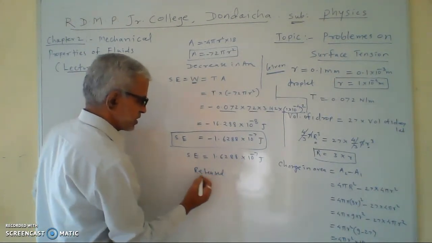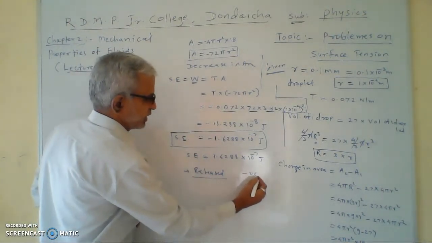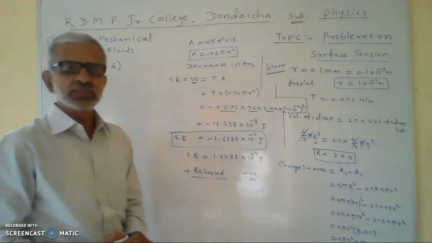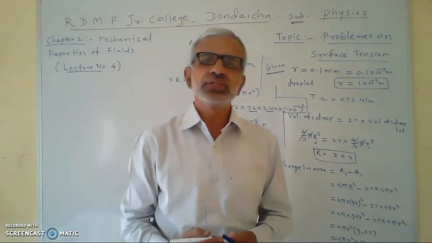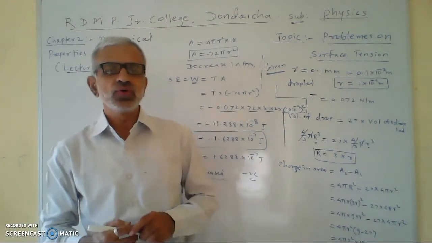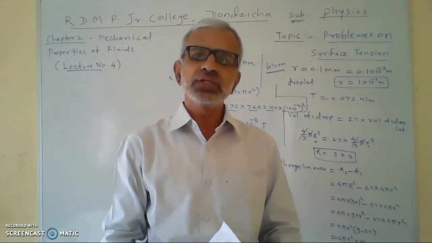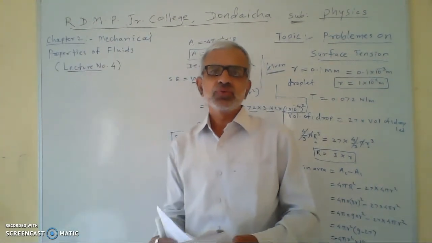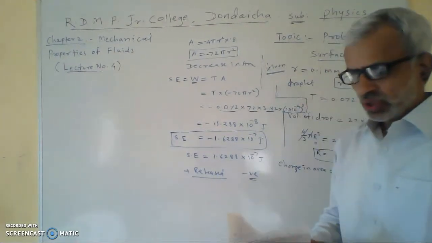Surface energy is released. This is the meaning of the negative sign, and this is the final answer. So this is the change in energy. This change in energy is negative because the energy is liberated, and therefore the change in energy is negative.